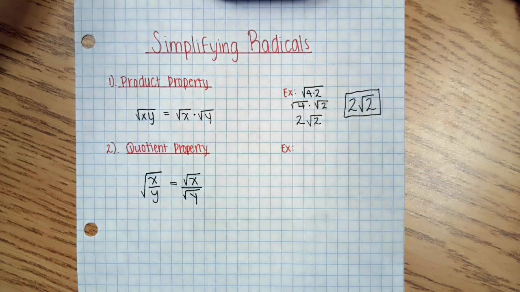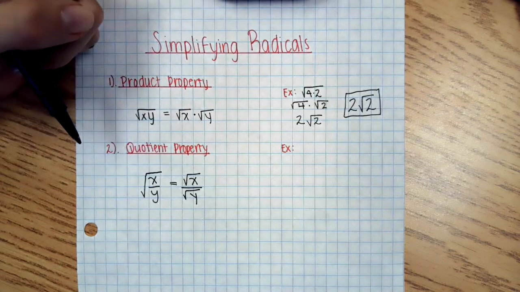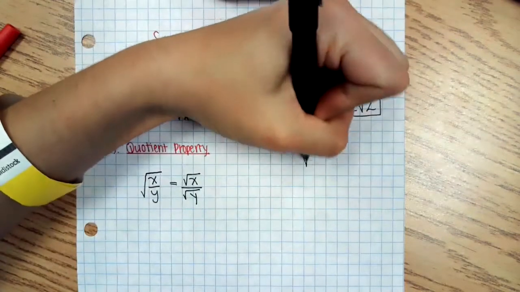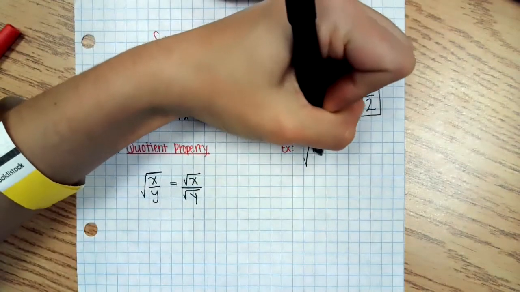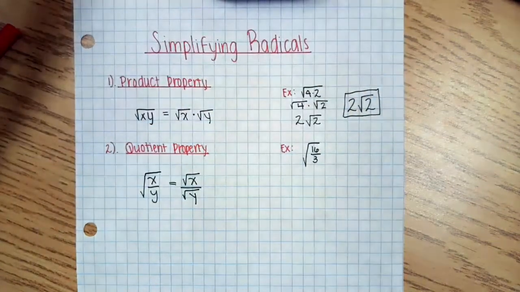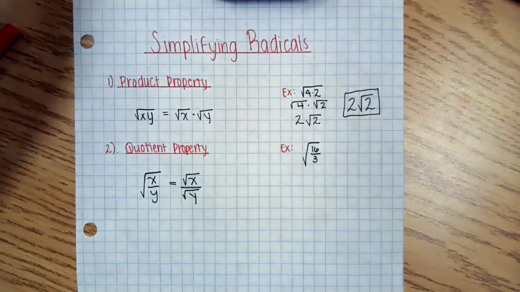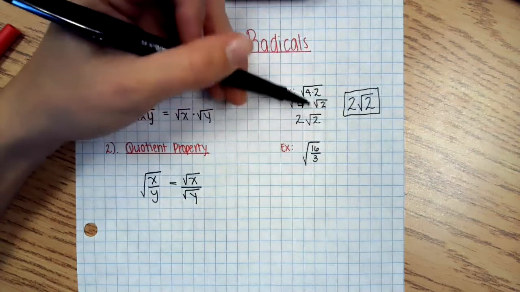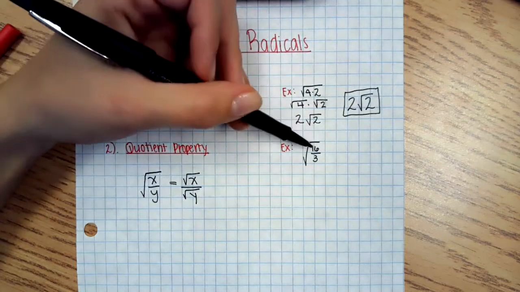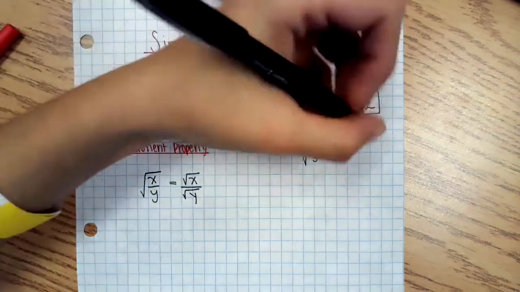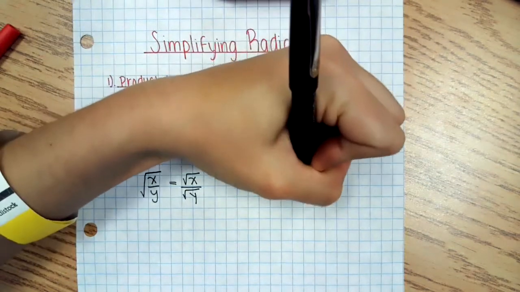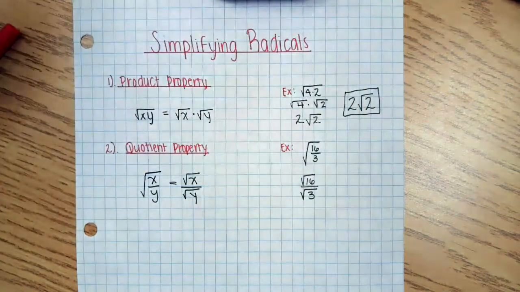So an example of this particular property, we have the square root of 16 divided by 3. And these won't always be perfect squares, but I want to show you how we're going to simplify. So I'm using perfect square examples.